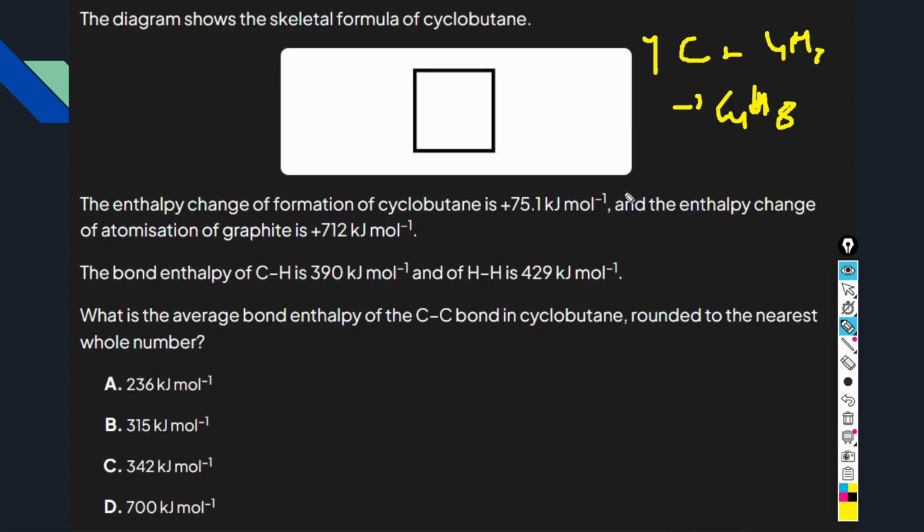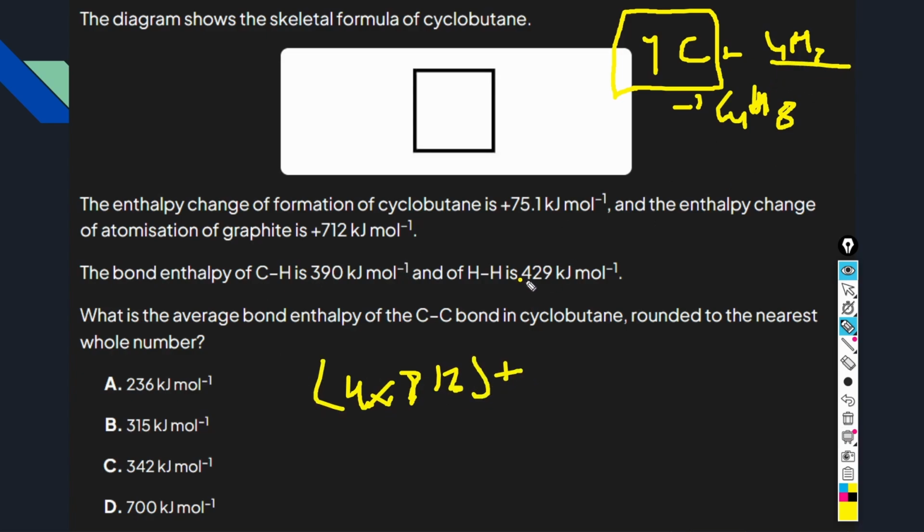So, what is the amount of energy for atomisation of carbon, which is the graphite we're using? This will be 4 times 712. That is the amount of energy for that, plus the amount of energy for H-H, which we know is 429, so 429 times 4. The total endothermic amount can be found using this: 4 times 712 added to 429 times 4, which is 4564.